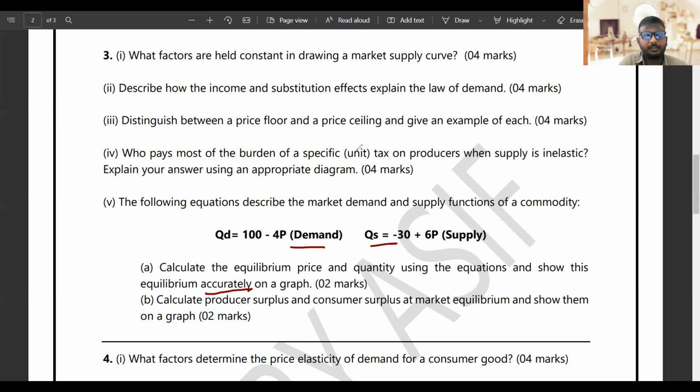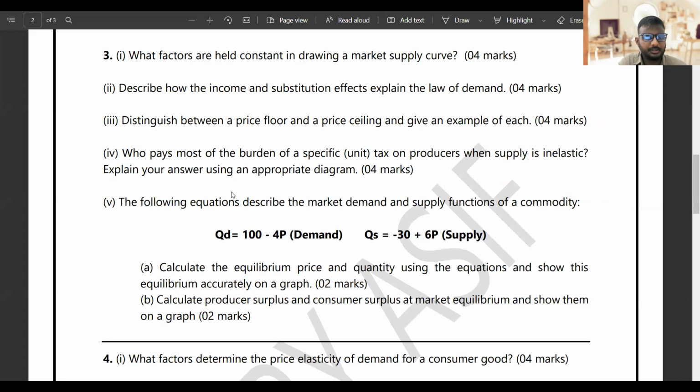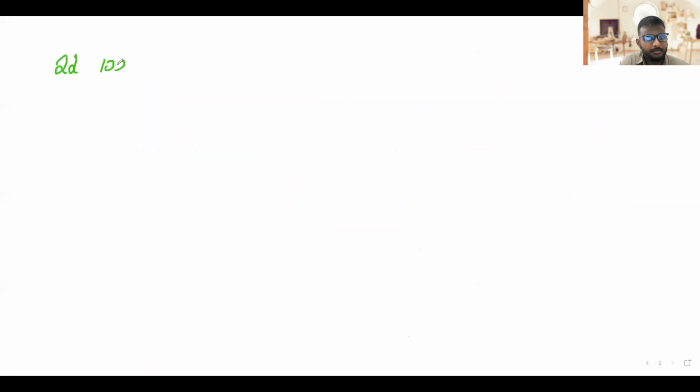So first of all, we'll first do the basic one, finding the equilibrium price and quantity. So QD, what is the equation? I think it was 100 minus 4p, and QS is minus 30 plus 6p.